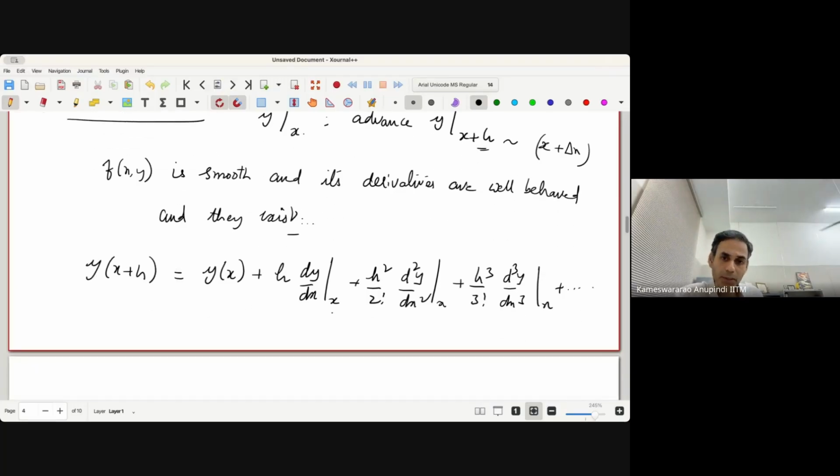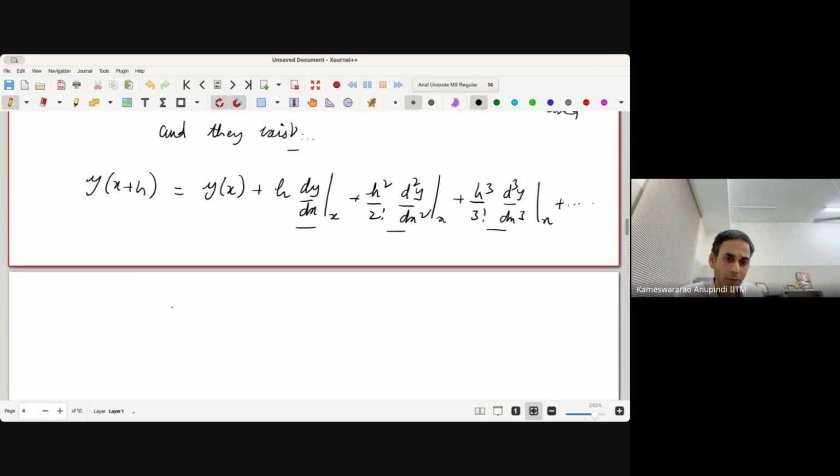All these derivatives need to be evaluated at x, and then we can construct y at x plus h if we include several of these terms. Now, we know from the given problem that the governing equation was dy dx equals f of x y.